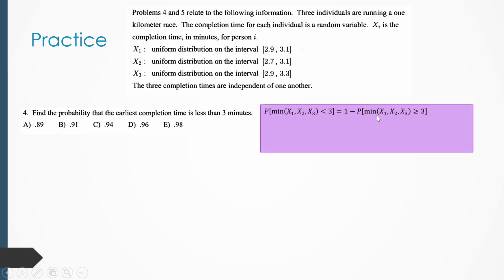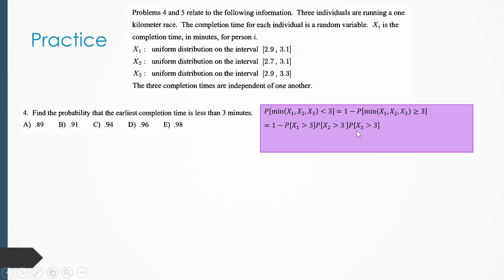And here you can apply independence because the minimum of X1, X2, X3 being greater than or equal to 3 means all of these three should be greater than 3. So we have 1 minus the probability that X1 is greater than 3, times the probability X2 is greater than 3, times the probability X3 is greater than 3. And then you can find the probability.